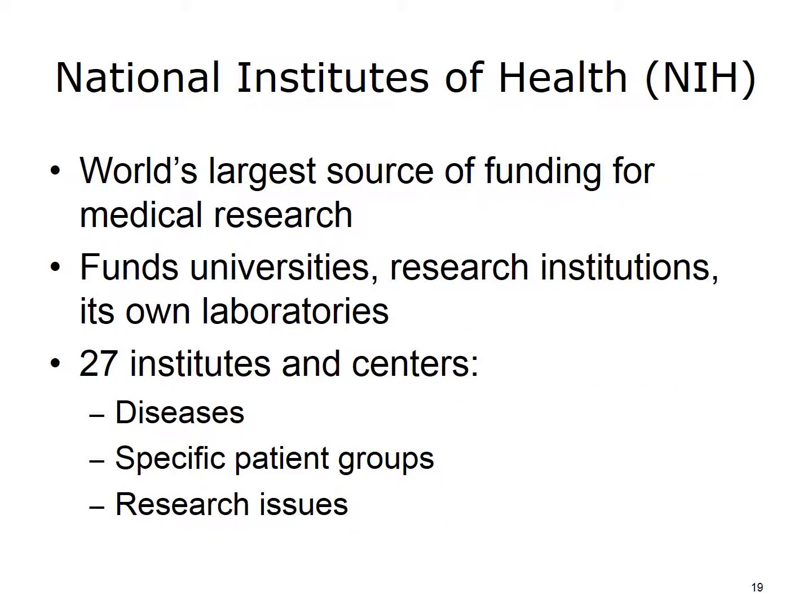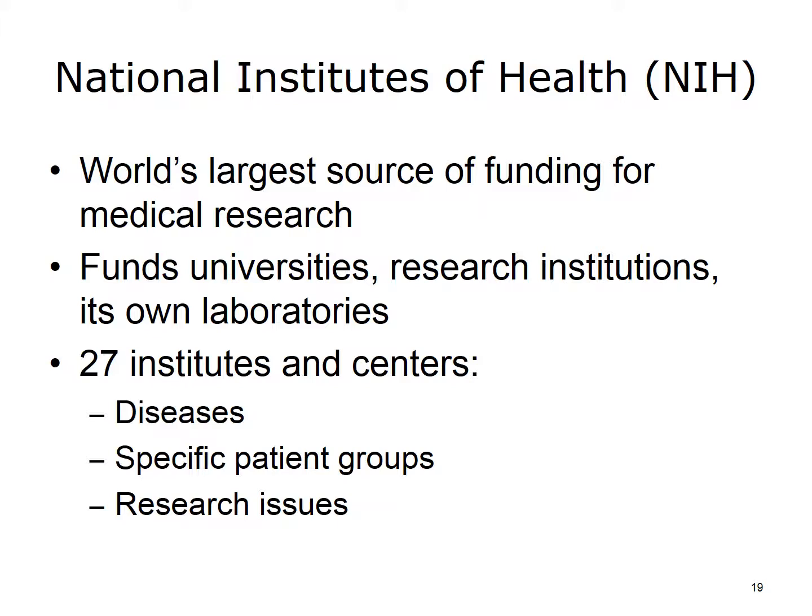The medical research arm of the HHS is the National Institutes of Health, or NIH. This is the largest source of medical research funding in the world, promoting scientific discoveries in every U.S. state and abroad. Research is conducted at universities or research centers, and at NIH laboratories on its own campus.